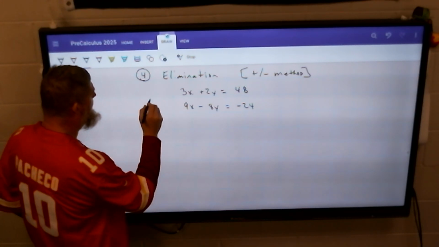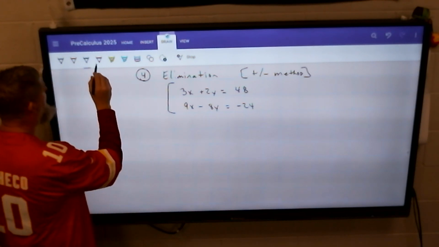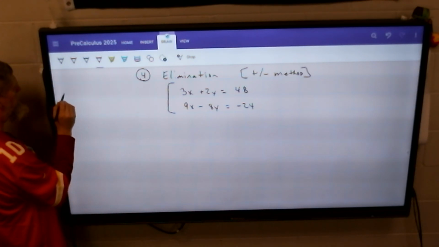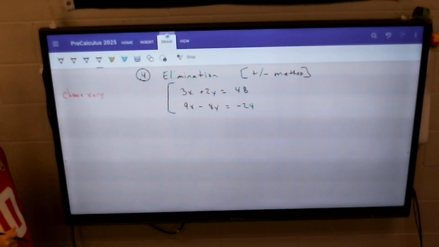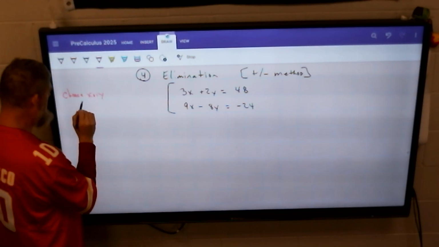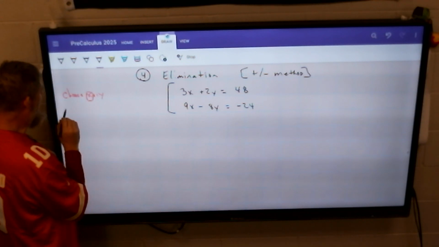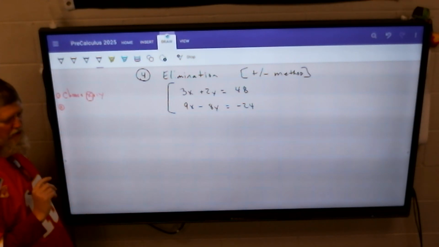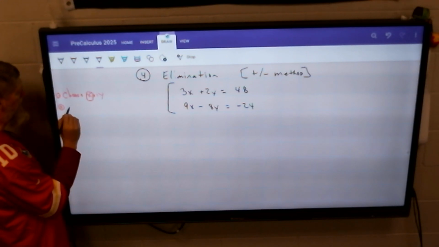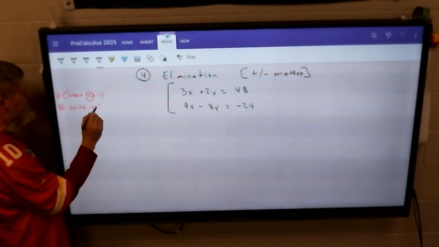All right, so here's what we're going to do. We're going to look at coefficients and choose x or y. I don't care. Choose the x. Now, there's numerous ways to do it. I think the fastest way is to switch the coefficients.